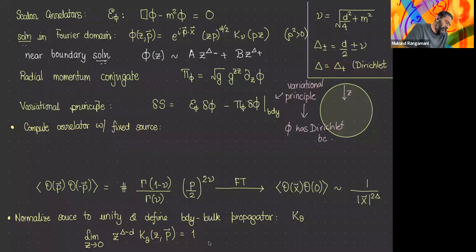This mode, the coefficient A of z to the delta minus, is called a non-normalizable mode because it's not normalizable with respect to the Klein-Gordon norm. I'm using a description slightly more adapted to the Lorentzian signature, because this mode in Lorentzian signature will be truly normalizable.